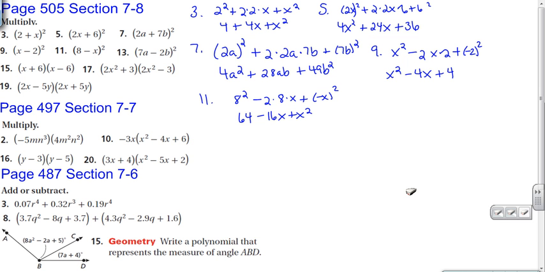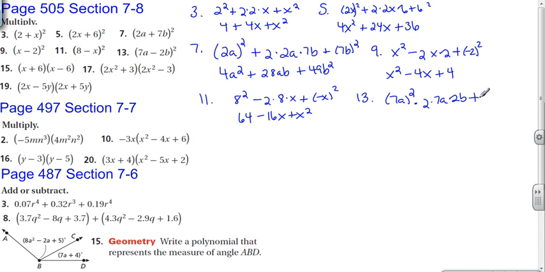Number 13, it's another square of a binomial, so I can use the shortcut. The shortcut is square the first term, multiply the two terms together, 7a times 2b, double it, and because there was a minus sign in the middle, I'm going to subtract the middle term.